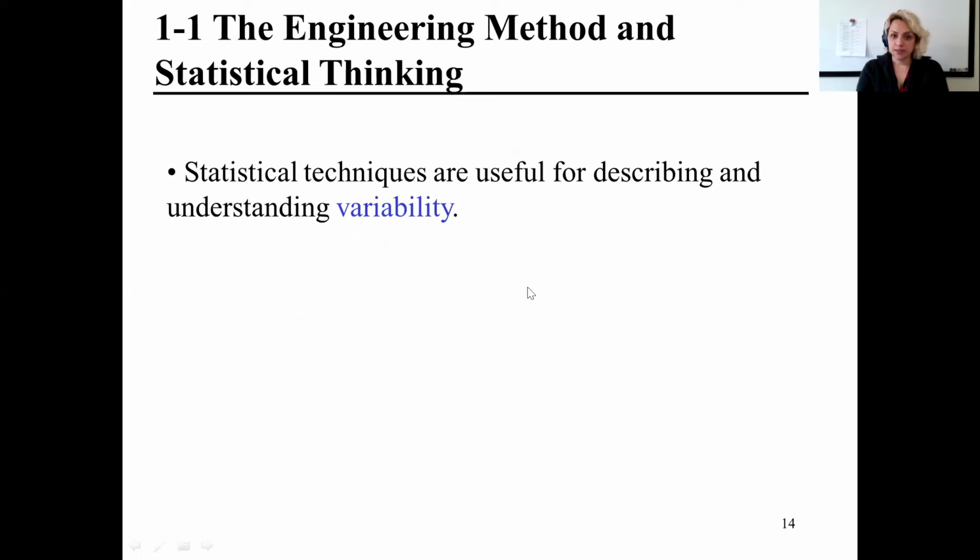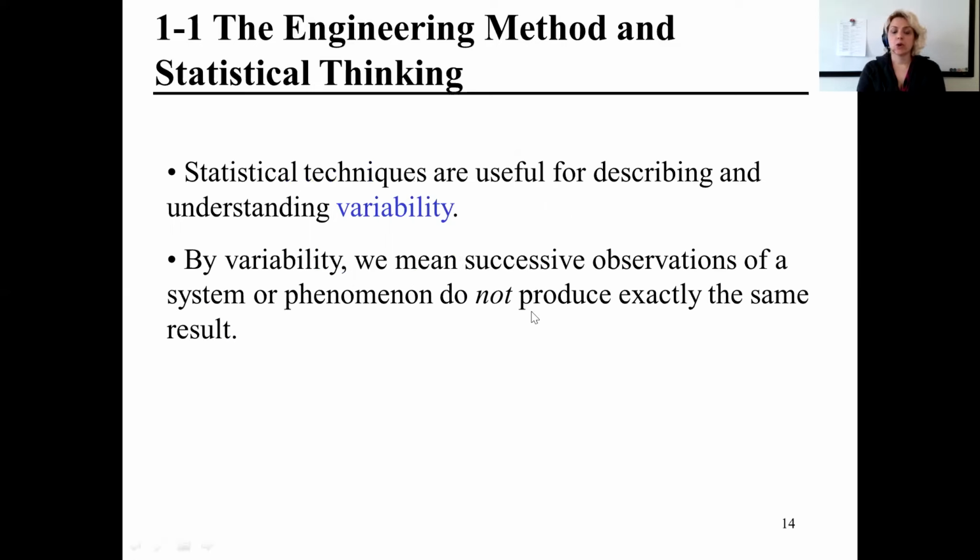Statistical techniques are useful for describing and understanding variability. We talked about variability a few minutes ago. By variability, we mean successive observations of a system or phenomenon do not produce exactly the same result. So we are going to have a deviation from our specification. When I'm looking at this phone, the lens should be 15 centimeters.